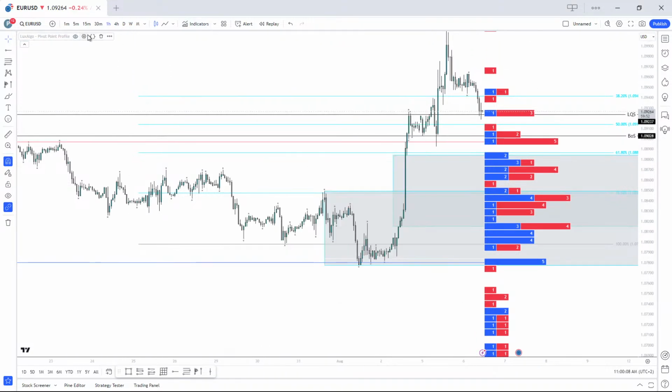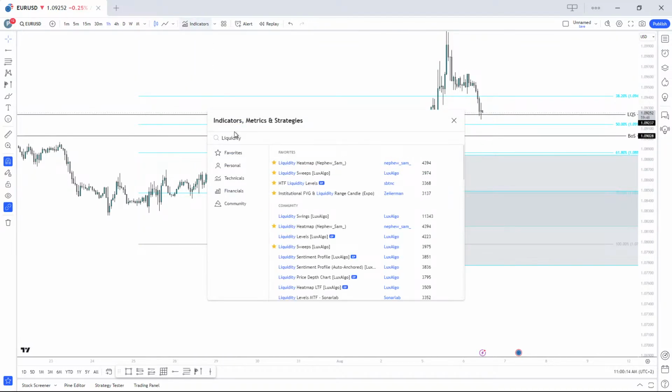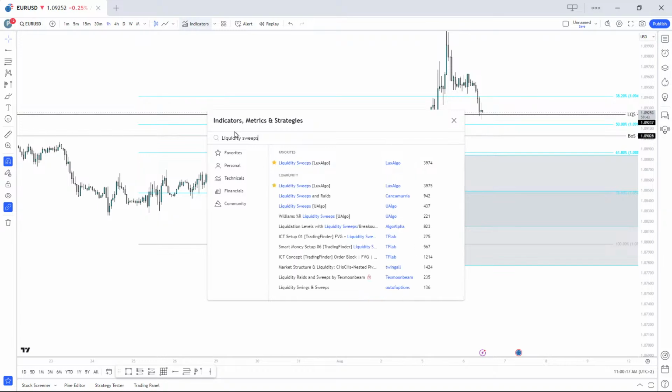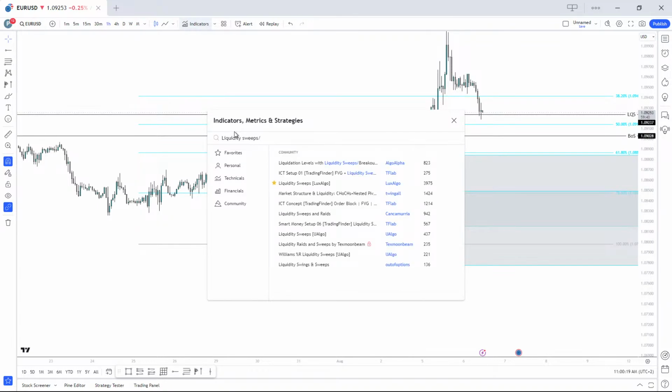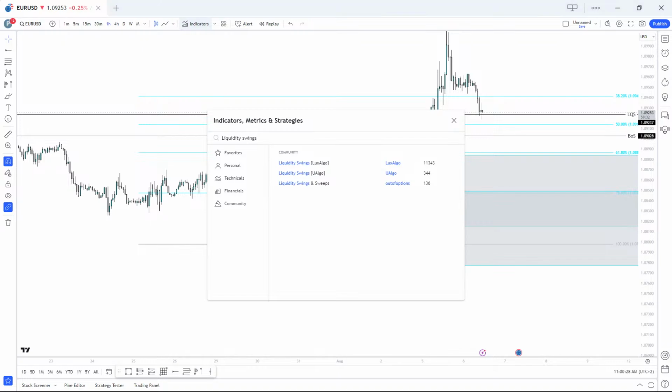Alright, so let's add the indicator. How do we get this indicator? Look at this. Alright, so I think this is it.